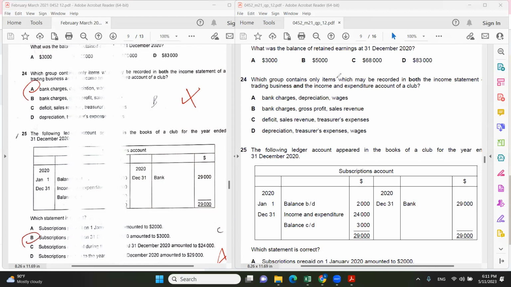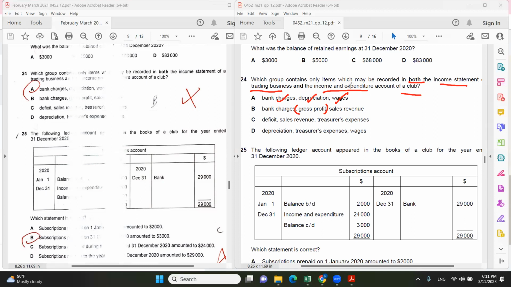Which group contain only item which may be recorded in both the trading account and the income statement, and the income and expenditure account of a club? Okay. Bank charge possible, depreciation possible, wages possible. Okay, come to this gross profit.